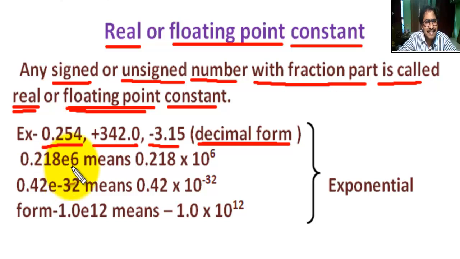Or 0.218 E6, that means 0.218 into 10 to the power 6. Okay. Or 0.42 E minus 32, that means 0.42 into 10 to the power minus 32.